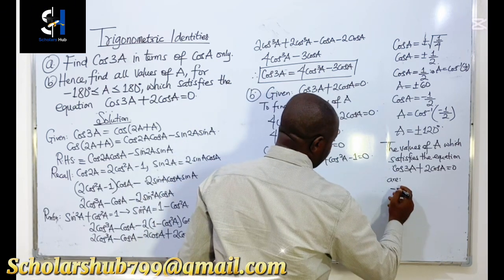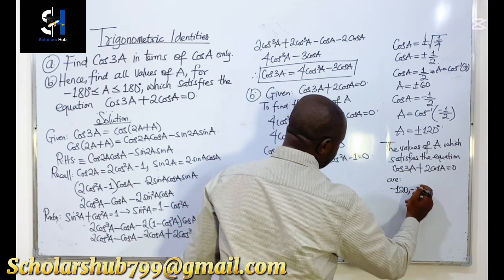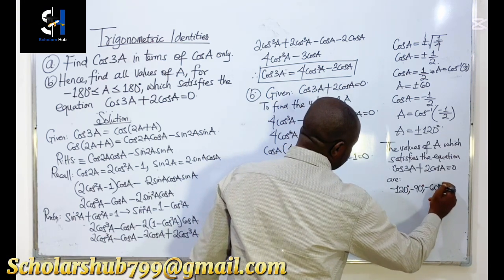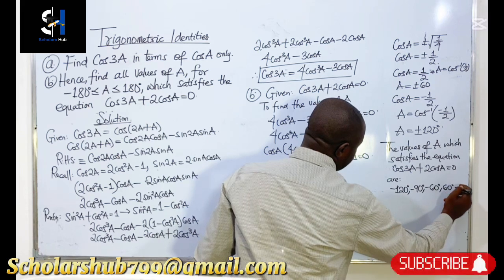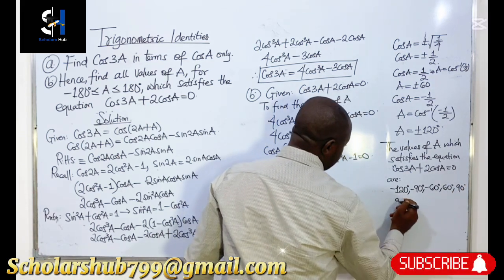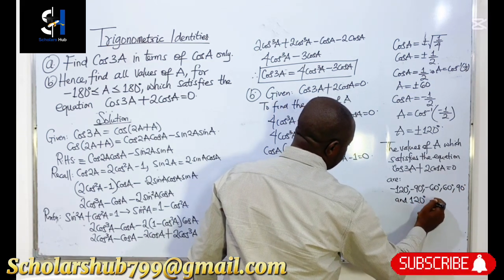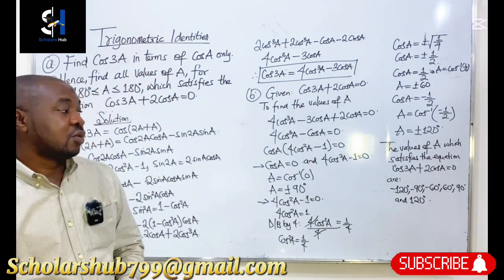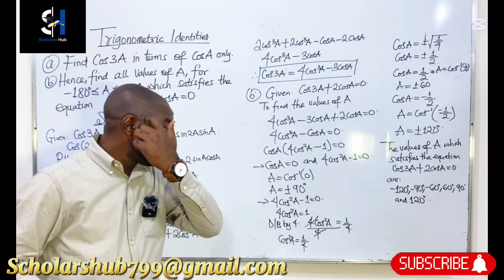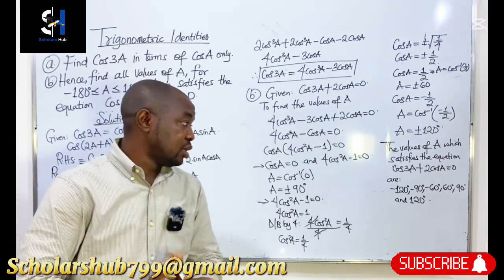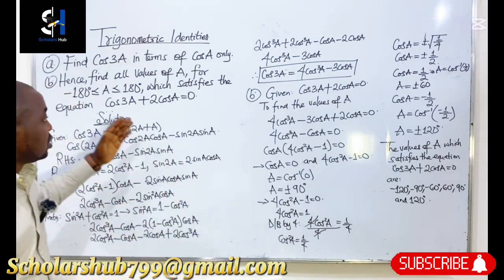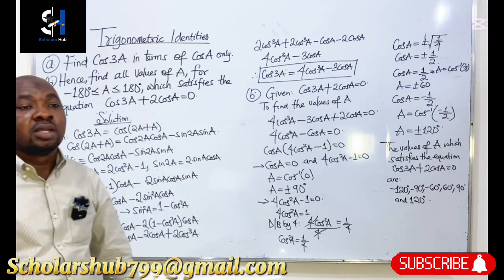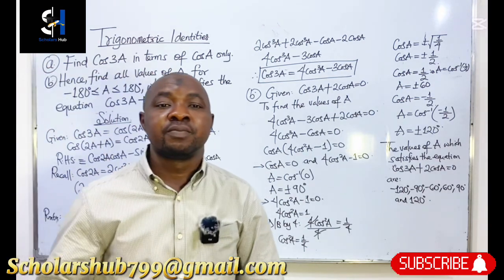So we have negative 120 degrees, negative 90 degrees, negative 60 degrees, then we have 60 degrees, 90 degrees, and also 120 degrees. So these are the values of A which satisfy the equation cos3A plus 2 cosA equals 0, when the range of values is between minus 180 degrees and 180 degrees.